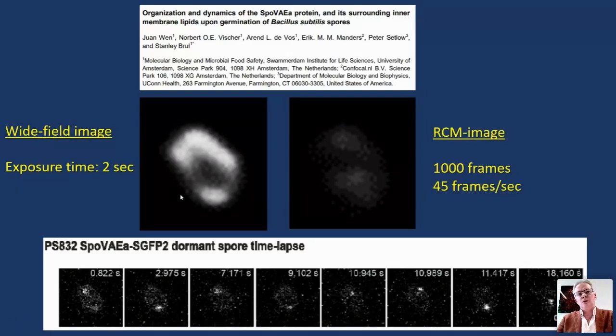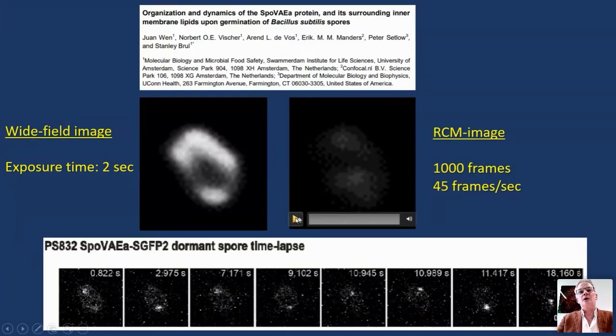But now we looked at the same spores, living spores, dormant but alive, with a rescan microscope, and we zoomed in on a very small area, only on one spore, so we could increase the frame rate to 45 frames per second. And we made a short movie of something like 20, 30 seconds.